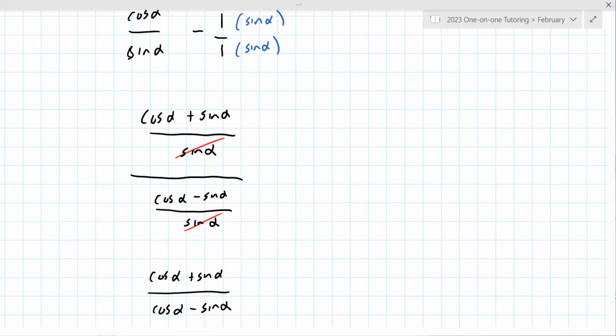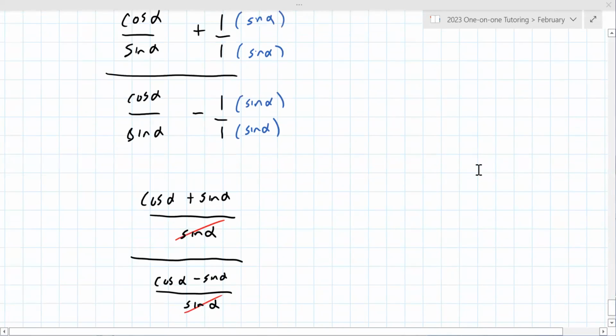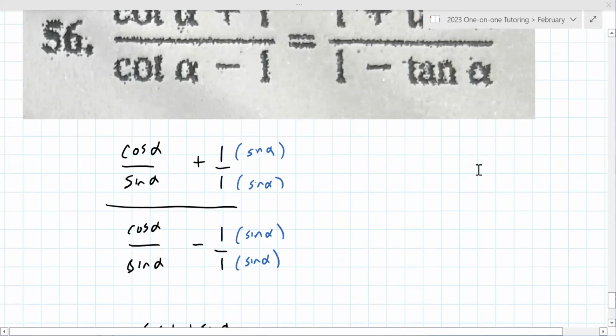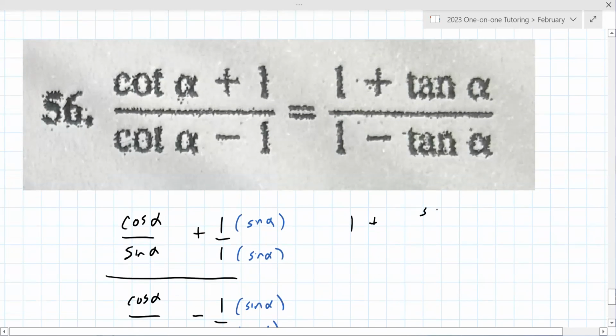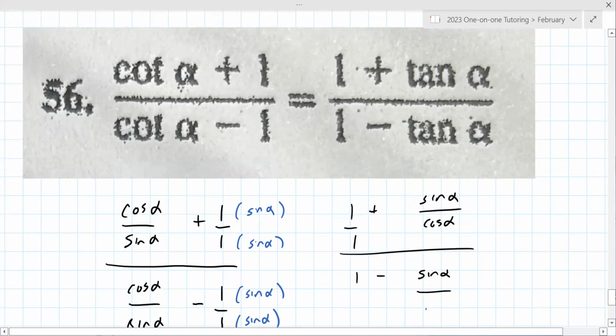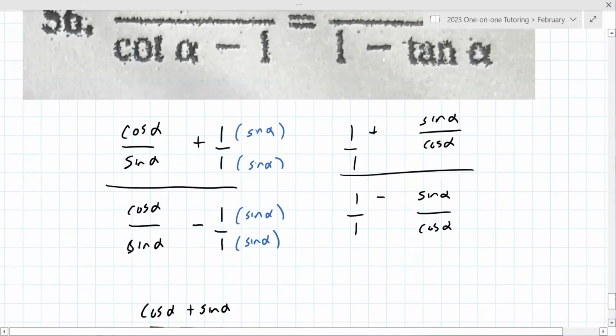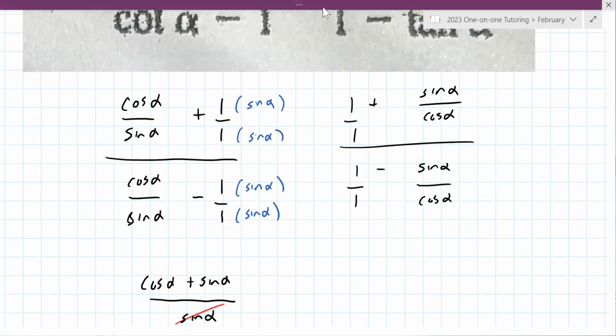We're going to do the same thing though. I know you need to get caught up, but since we're running short on time, let me do this. That's 1 plus sine alpha over cosine alpha, 1 minus sine alpha over cosine alpha. And so you're going to do the same thing. You're going to make that common denominator again.